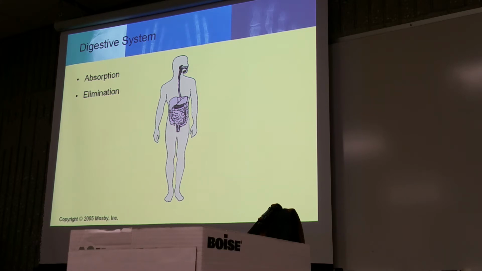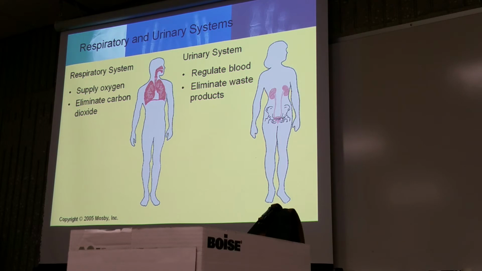So the whole purpose of the digestive system is for absorption of the nutrients and elimination of any waste products. And then you have your respiratory, which should go along with your circulatory system because the oxygen is delivered by way of the circulatory system to the vital tissues and organs.